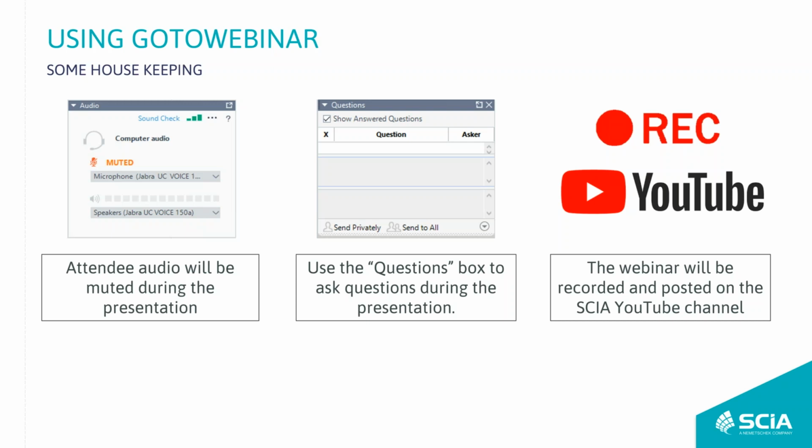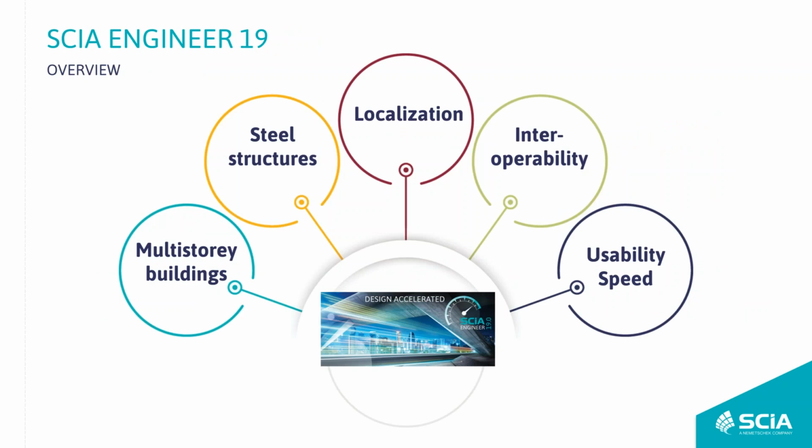That is all related to the housekeeping, so let's go to the content of the webinar and really see what's new in the version of SCIA Engineer 19. Here is an overview and the grouping of themes related to the actual release.